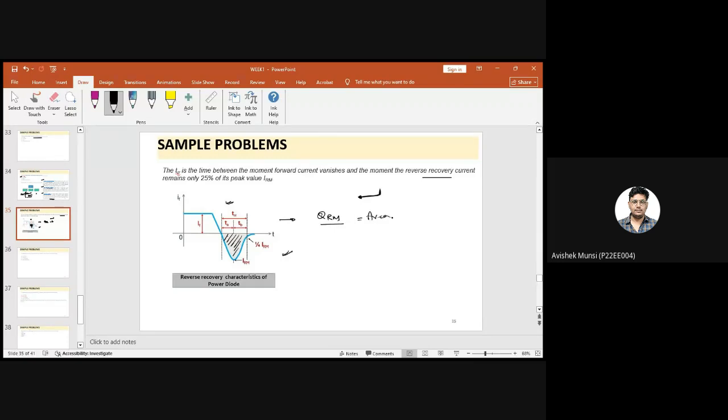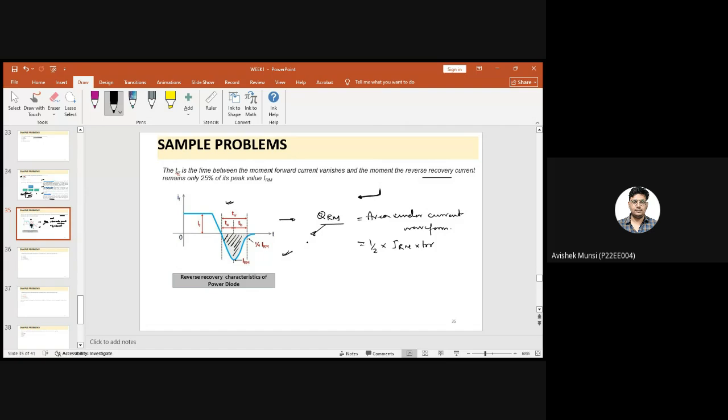Area under this current waveform. So that is half into IRM into TRR. Okay. So this is the reverse recovery charge.